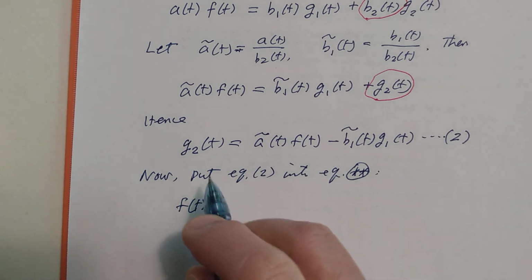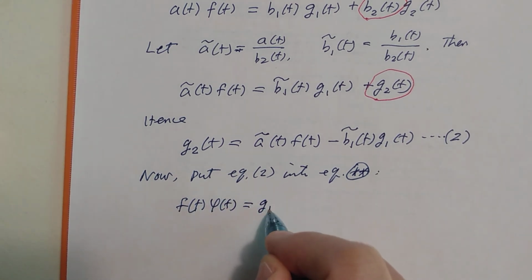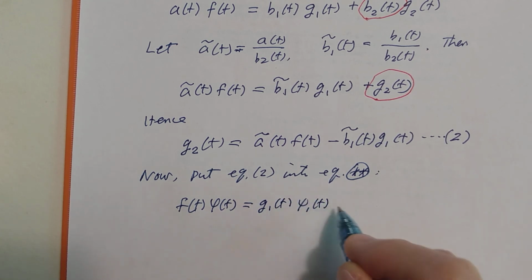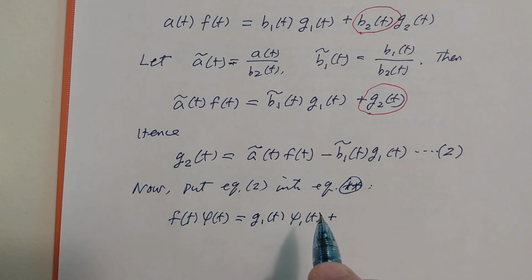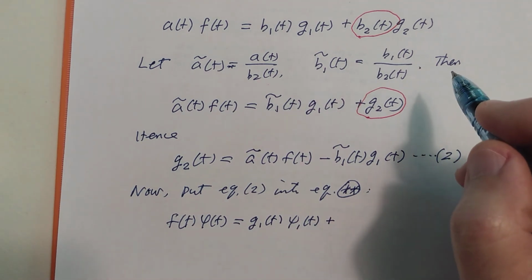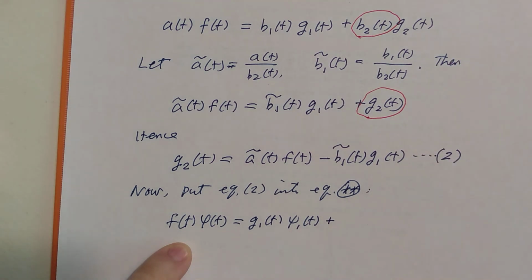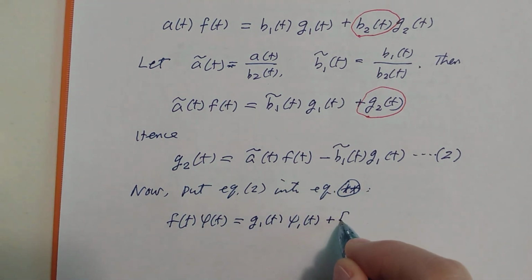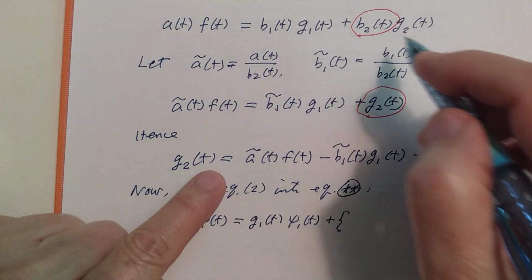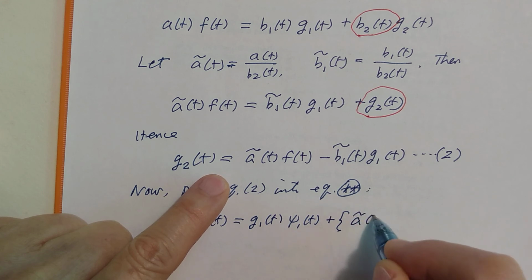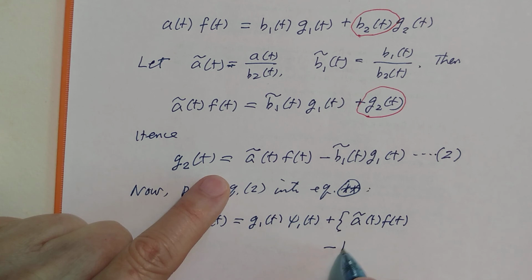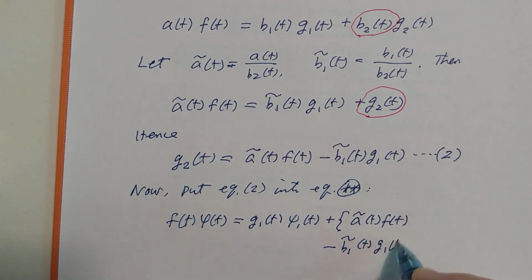We have f_t phi_t equals g_1(t) psi_1(t) plus g_2, which is A tilde t f_t minus B_1 tilde t g_1(t).